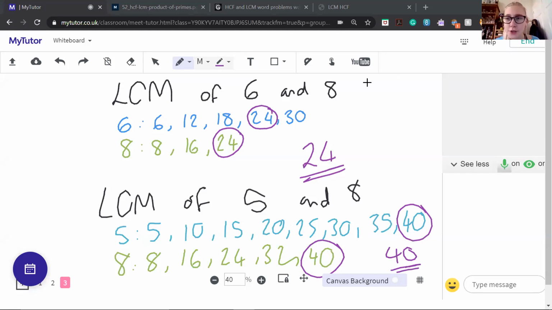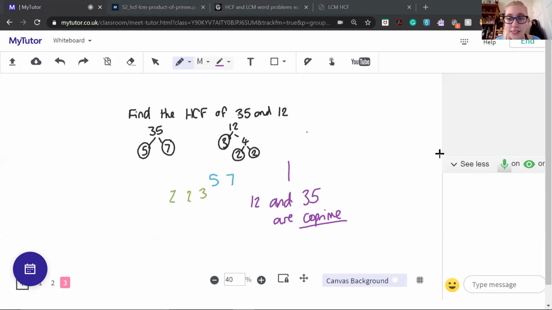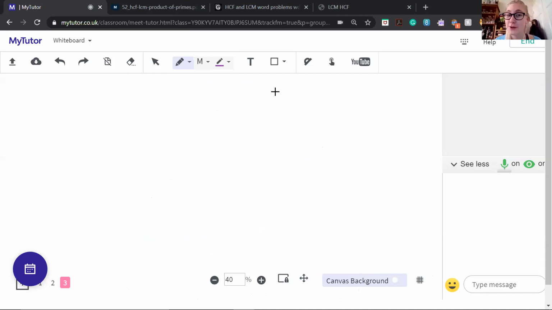And what if we had huge numbers? What if we had, like before, 12 and 35? Because they're co-prime, the highest is actually going to be 12 times 35. And I definitely wouldn't want to write out 35 multiples of 12. So I'm going to show you a foolproof way to do it using prime factorization.